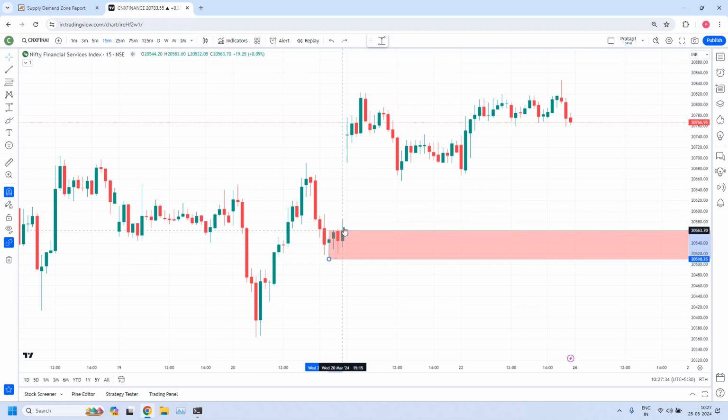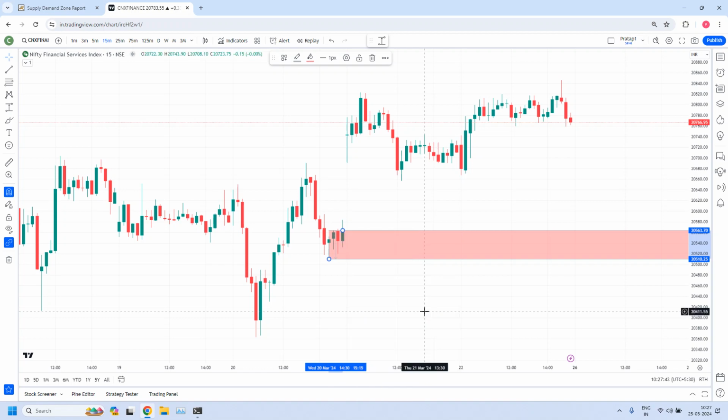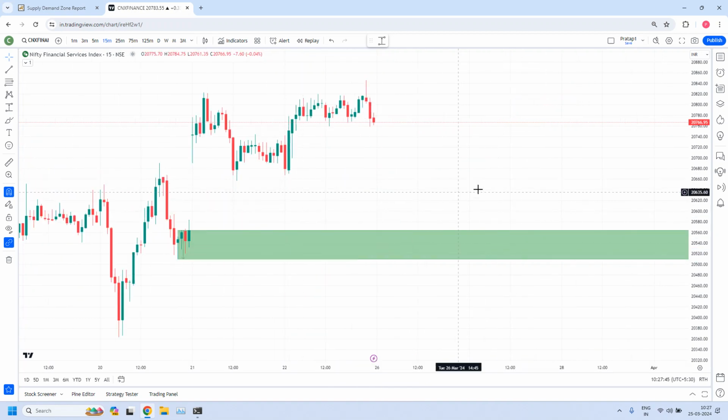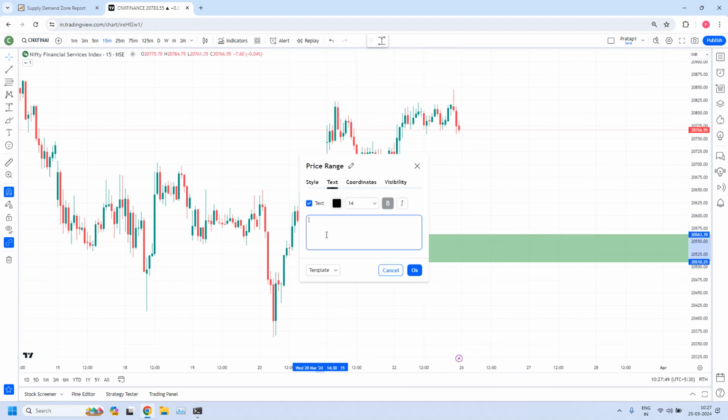Let me draw to the type 2 proximal entry. This is the way we may get more. And let me give the color as a demand zone, and this is a 15 minutes demand zone. So let me label.